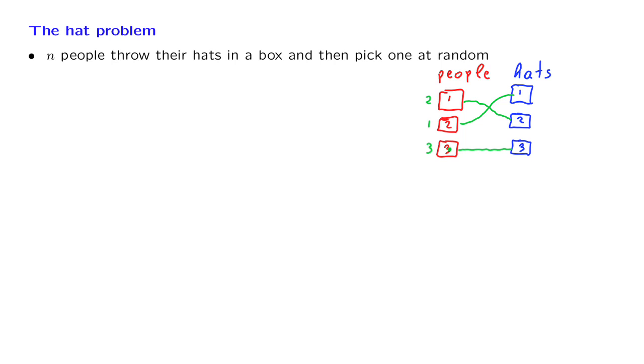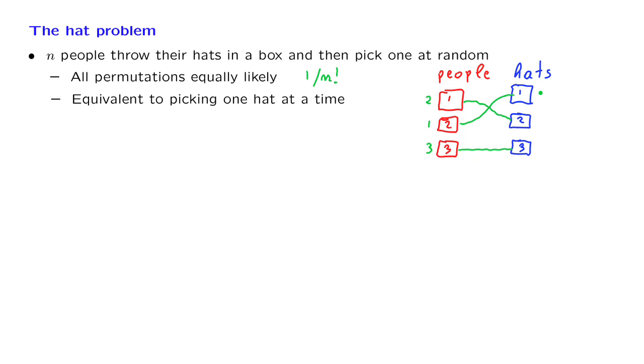What does it mean to pick hats at random? One interpretation is that every permutation is equally likely. And since we have n factorial permutations, each permutation will have a probability of 1 over n factorial. But there's another way of describing our model, which is the following.